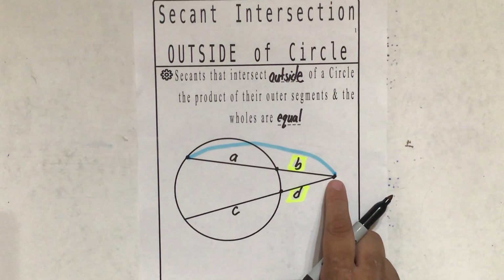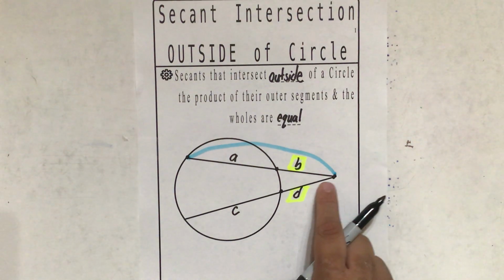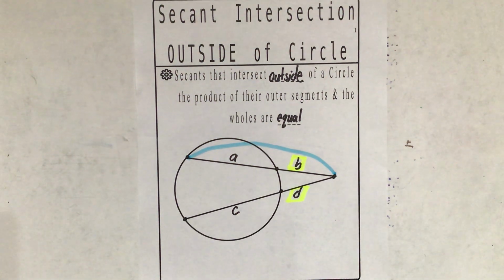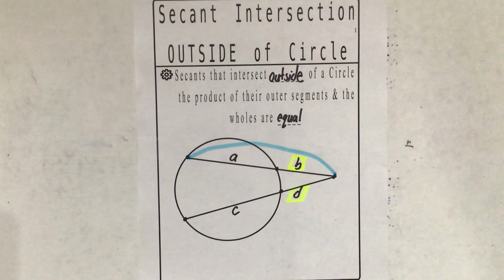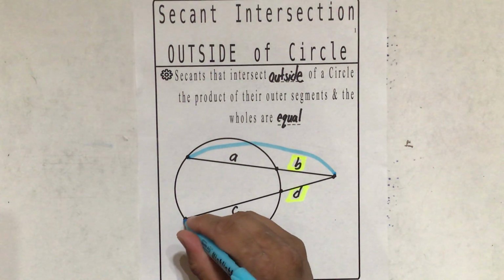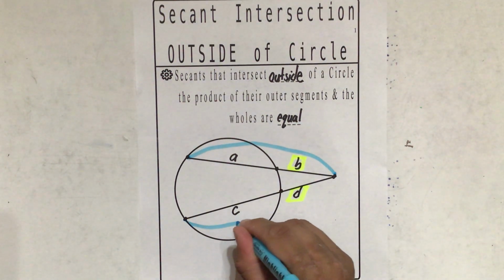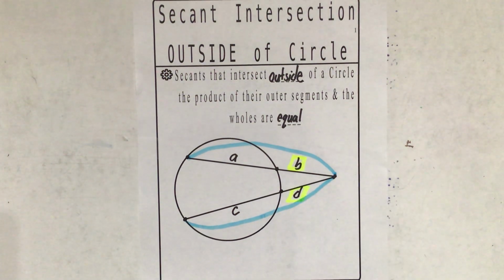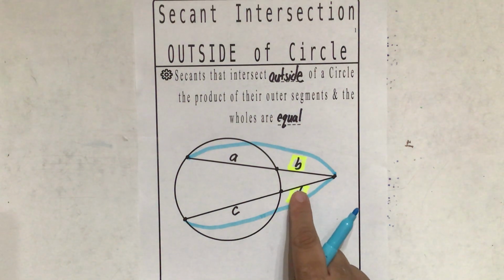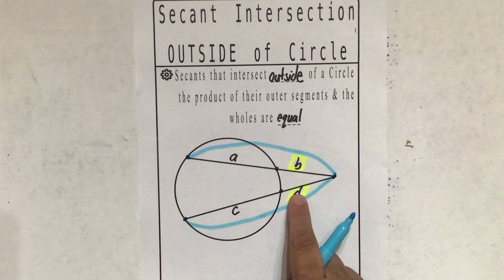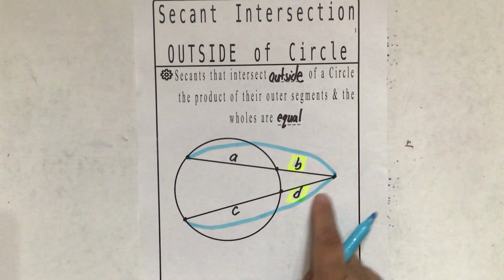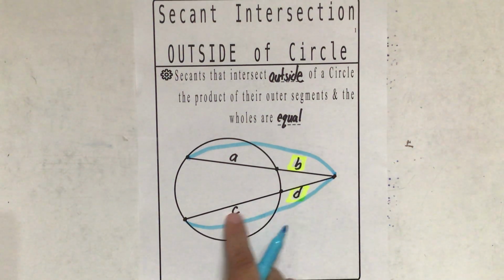And the whole thing is from this point all the way over to this point. So what makes up the whole thing? It goes from here and arcs all the way over to that outside right there. So the outside of this secant is D. The whole thing under this blue arc is together C and D.